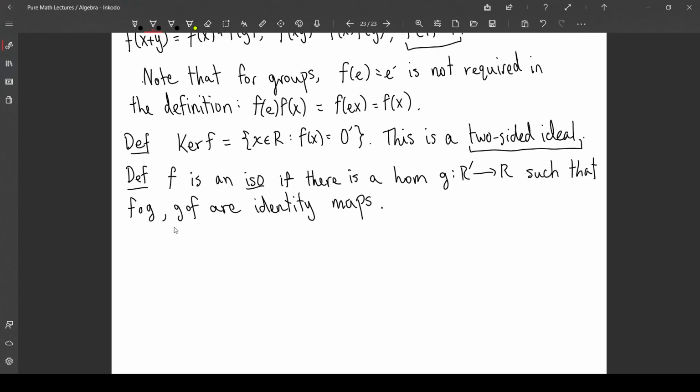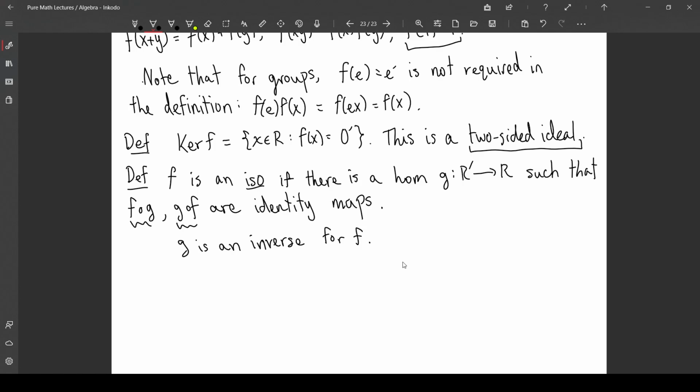Now, in fact, this condition that F composed with G and G composed with F are both identity means that G is an inverse for F. So an isomorphism has an inverse, which is a homomorphism.